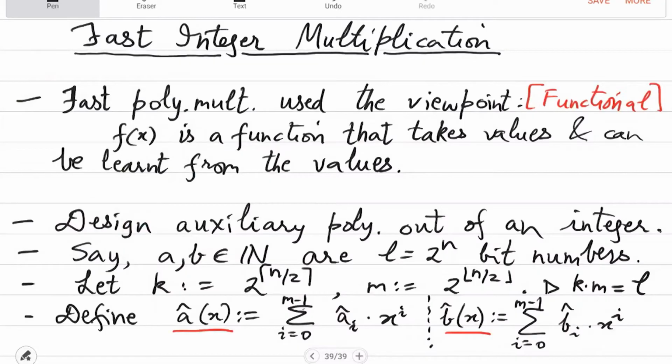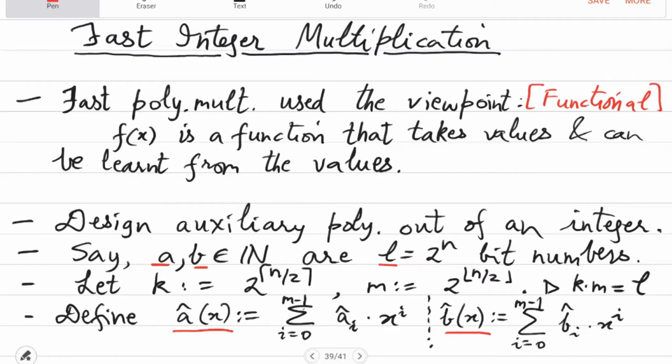Okay, so last time we started doing fast integer multiplication by converting the given integers a and b. So the input is a and b. These are L-bit numbers, positive integers. So we can again, without much loss of generality, assume that L is a power of 2.